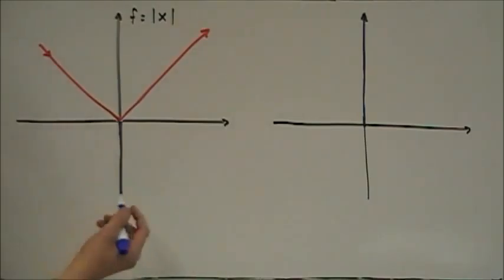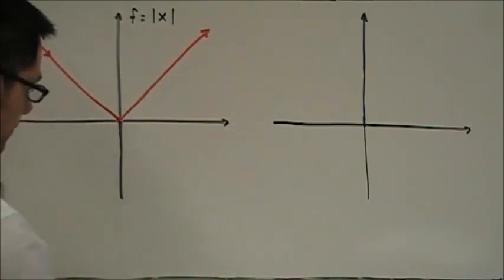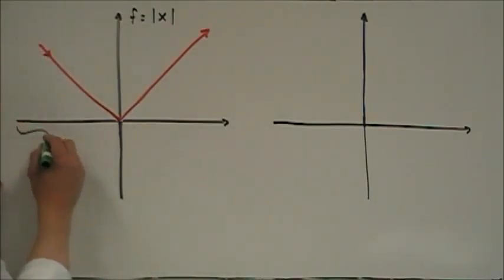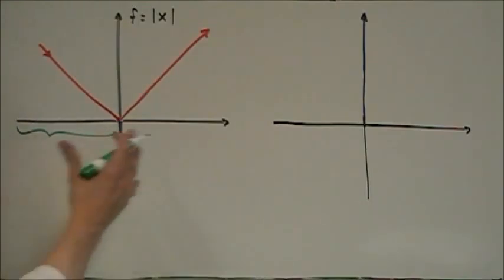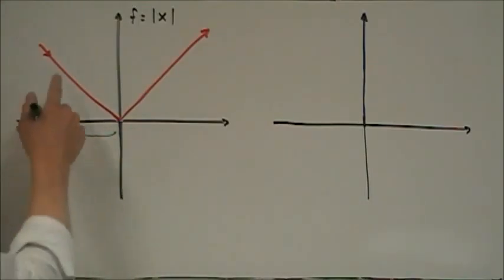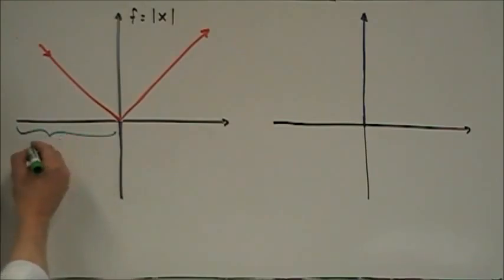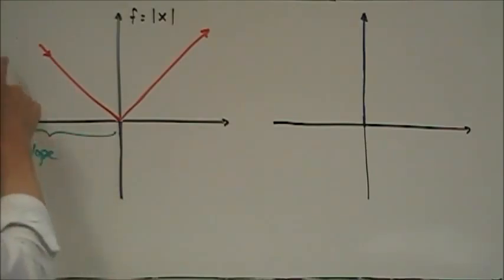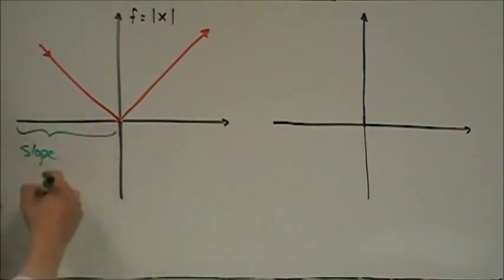So let me write that down in more detail. Over on this side of the xy plane, we have a negative slope. The slope is always the same for every single point over here. The slope is in fact -1.